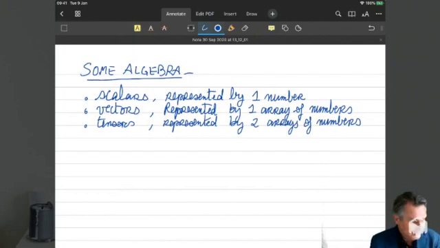All right, and the way we're going to do that is using matrices. A matrix will have two indices. Matrix A will have components A_ij, and i will go from 1 to 3 and j from 1 to 3. So it's going to be 9 components for a tensor.